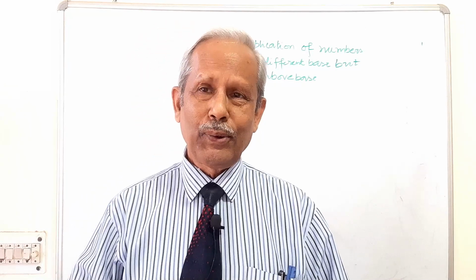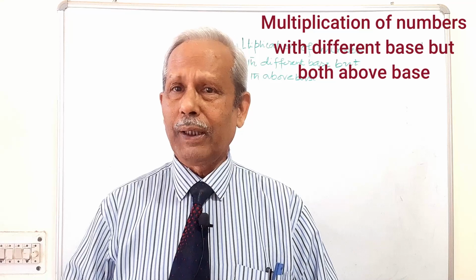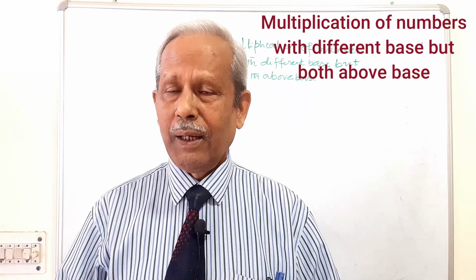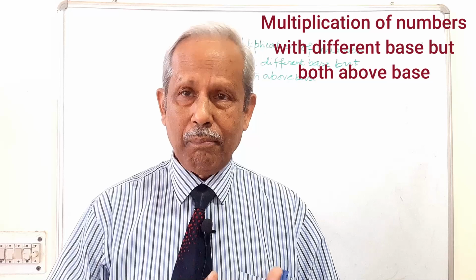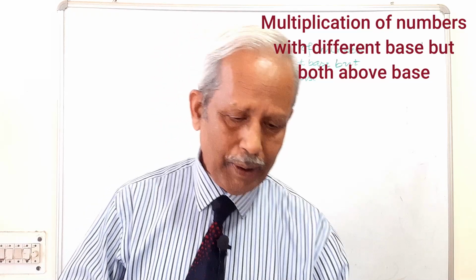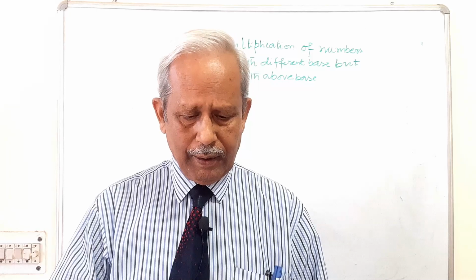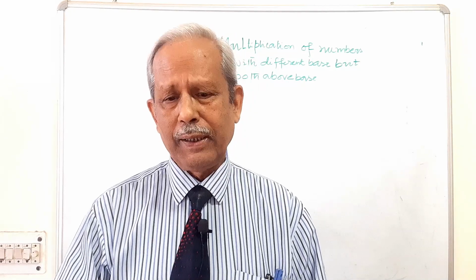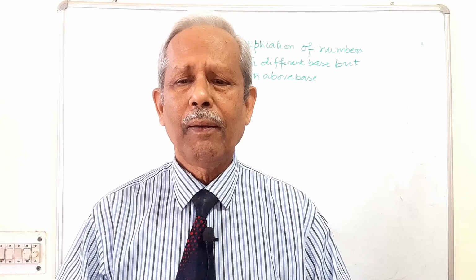Today what we are going to do? Today we are going to do the similar thing, multiplication of two different numbers of different base, but both are above base. They have got different bases, but both are above base. So it is somewhat similar like that, but there is some difference. Let us see that. So for that, let us start with an example.